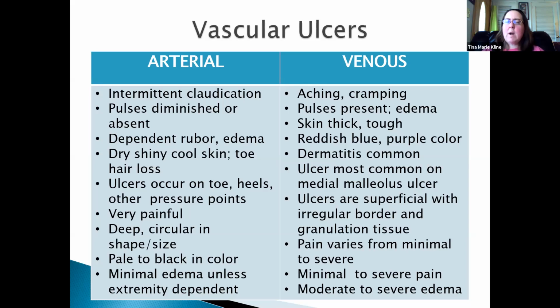Usually it's after 20 to 30 minutes of activity, and they start developing the cramping and the real pain in their legs. And at that point, they need to sit and take a break. So we call that intermittent claudication. As I mentioned before, their pulses will be diminished or perhaps absent. If they are sitting dependently and you're getting the blood flow down there, they might have some dependent rubor.